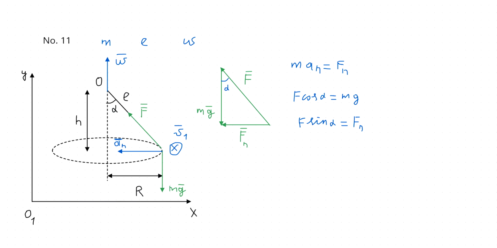So tangent alpha, F n, m g. Maybe, what do you think about the connection between R, alpha, and L? Let me think.